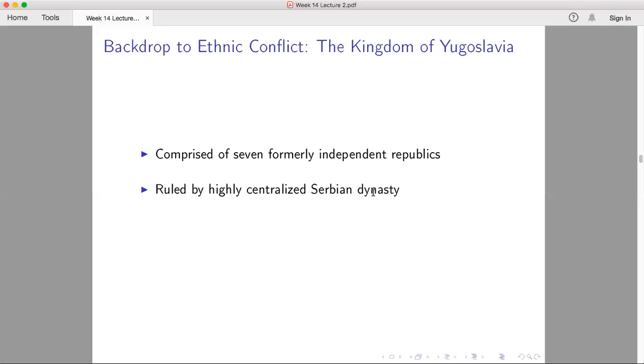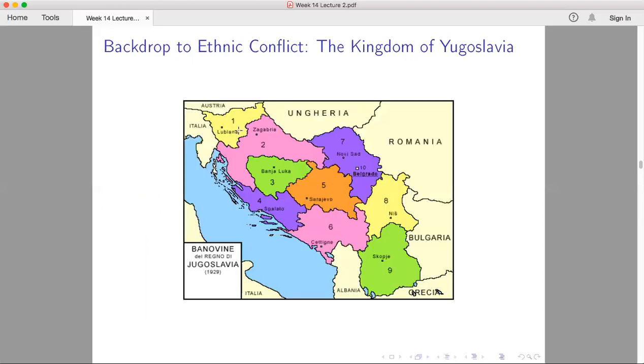And although there was some latent power struggle between Serbs and Croats under this dynasty, there wasn't a lot of move towards ethno-nationalism. In fact, in 1929, the government officially banned ethno-nationalism by making regions not based on the ethnicity that lived there. So this used to be, for example, Slovenia.